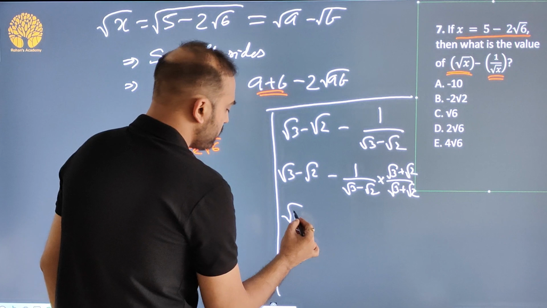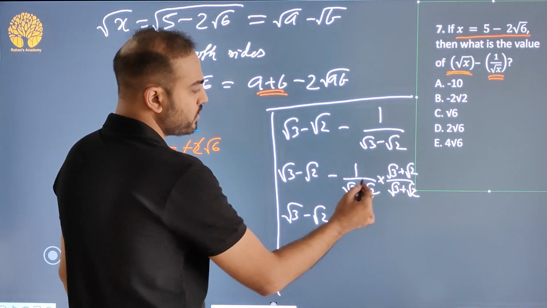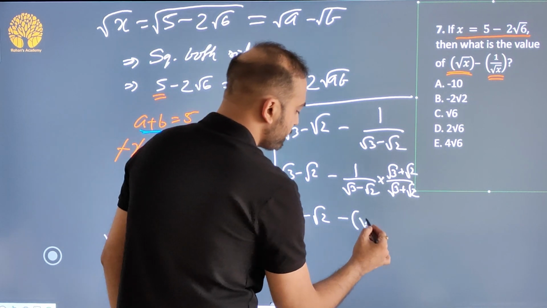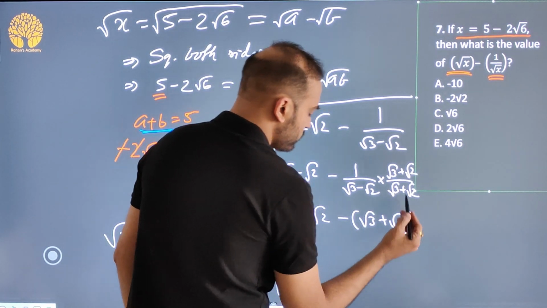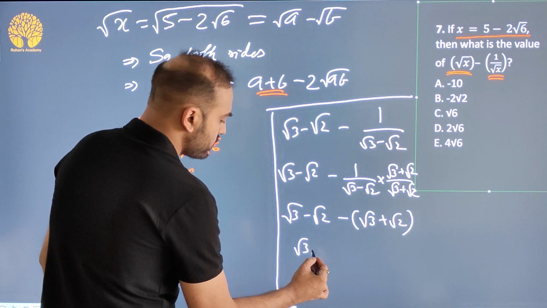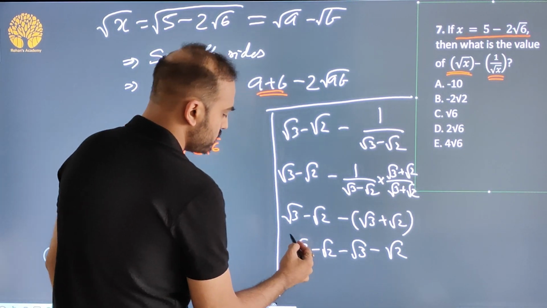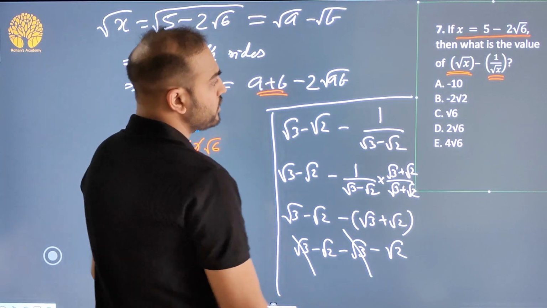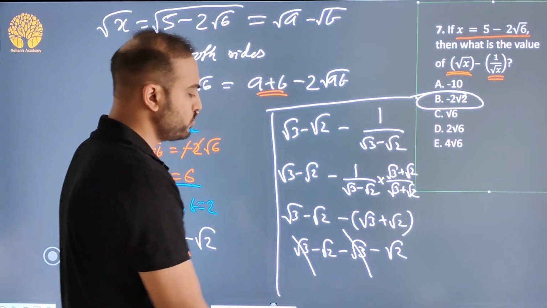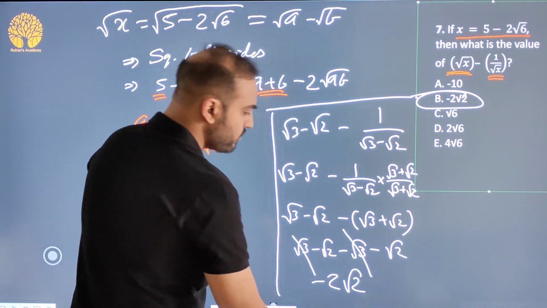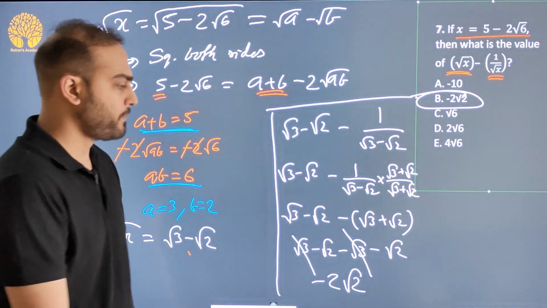Root 3 minus root 2, a plus b, a minus b, denominator becomes 1. So root 3 minus root 2 minus root 3 minus root 2. Answer is minus 2 root 2.